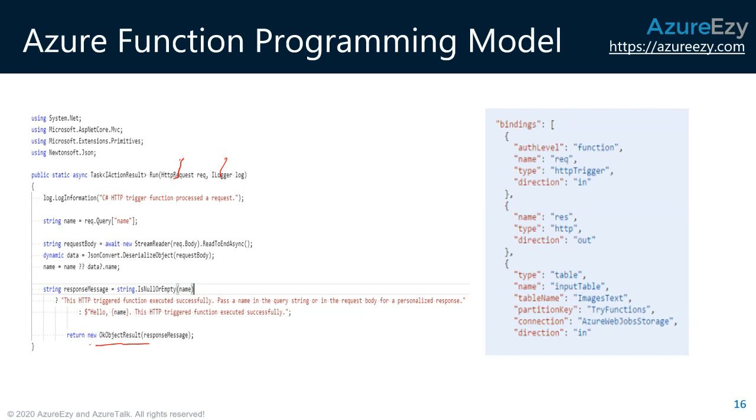This is a simple Azure Function programming model which I have taken from my development environment, Visual Studio. I think the programming model remains the same. It's a small chunk of code, and the syntax changes.